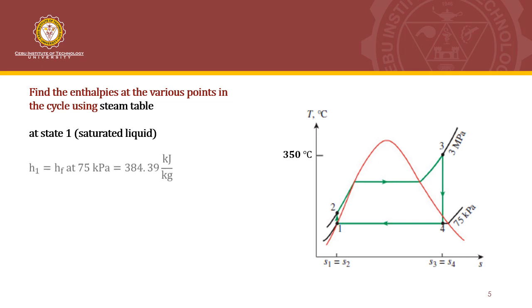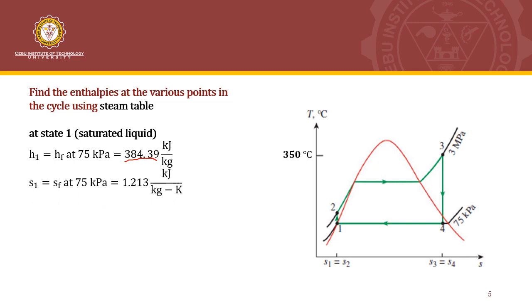Since it's a saturated liquid, we can get the enthalpy using our steam table. We can get H1 as equal to the enthalpy of the liquid, or hf, at 75 kilopascal, because we know that the pressure at point 1 is 75 kilopascal. So we got H1 using the steam table as 384.39 kilojoules per kilogram.